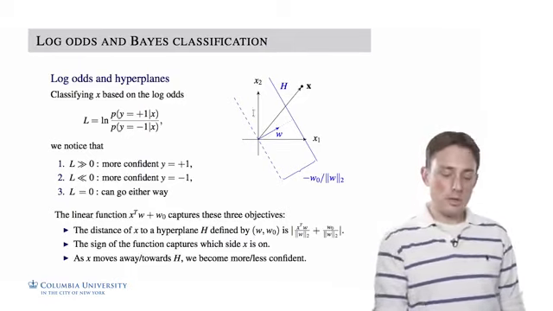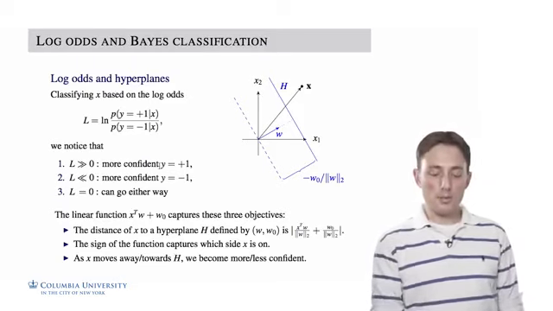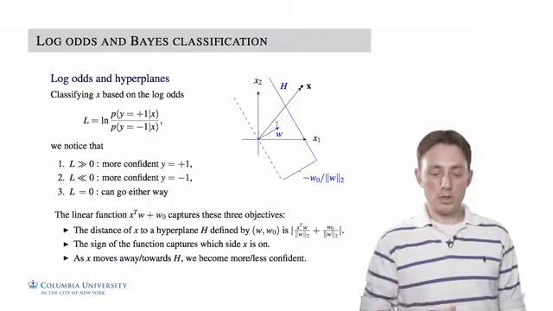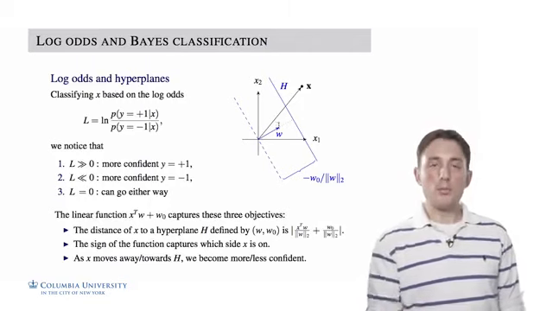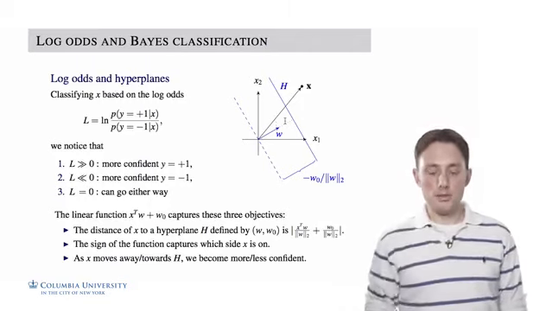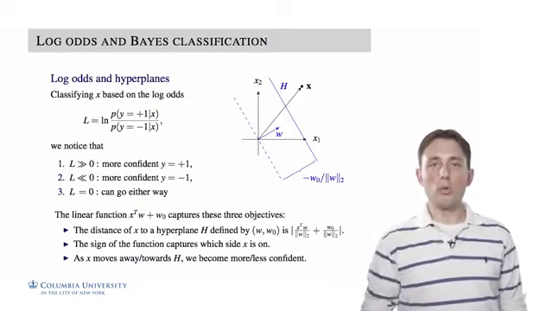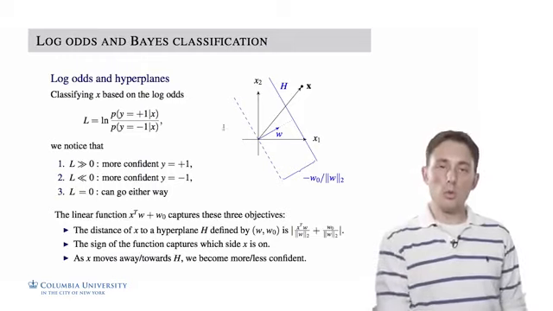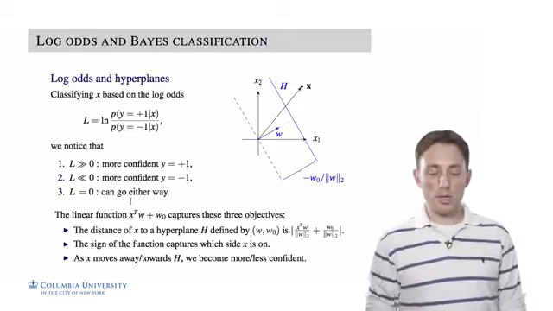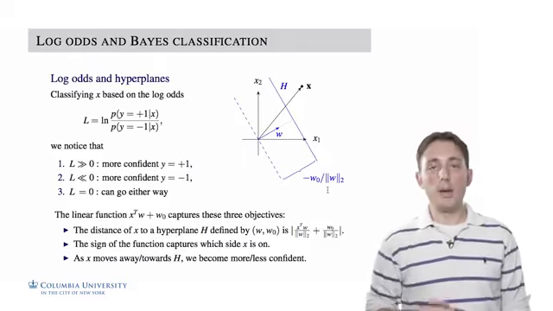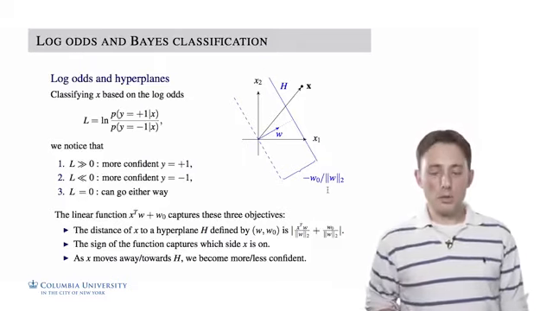The more it moves to the other side of the hyperplane, the more negative it becomes, where the direction of this vector determines which is positive and which is negative. So the vector points in the direction of becoming more positive. As we go more and more in the direction of the vector w, the more positive it becomes. As it goes more and more in the opposite direction, the more negative it becomes. And all points along this line of the separating hyperplane are equal to 0.